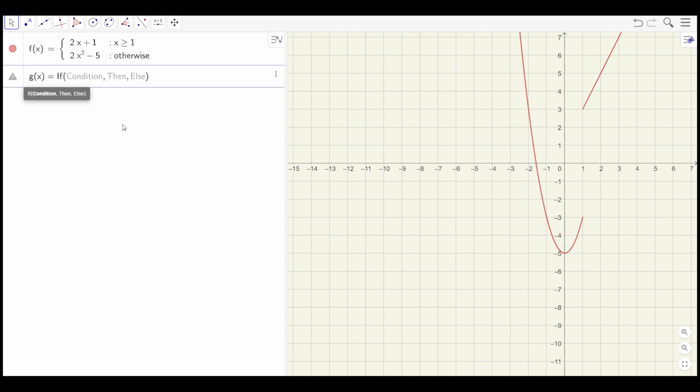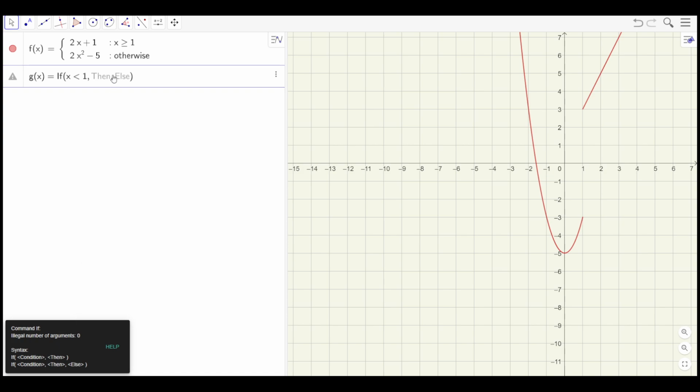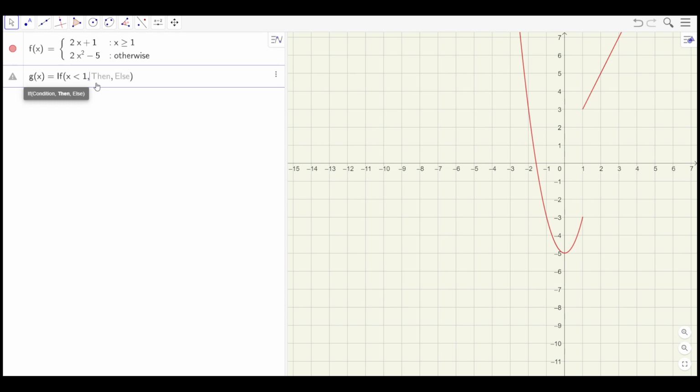Okay, and the condition I put from the beginning: x is less than 1. Then I put 2x to the power of 2, and then plus x minus 1. Okay, and there is no else. You are saying that I put another if instead of else. It seems reasonable, so I start with another if.